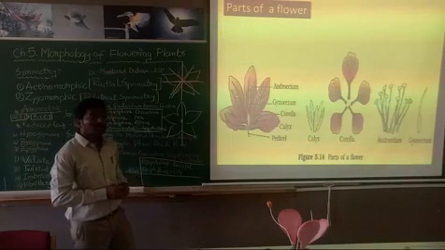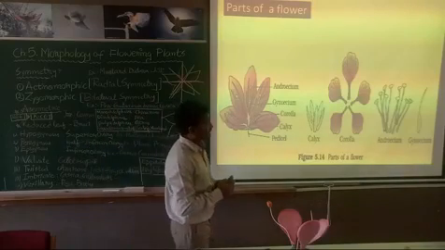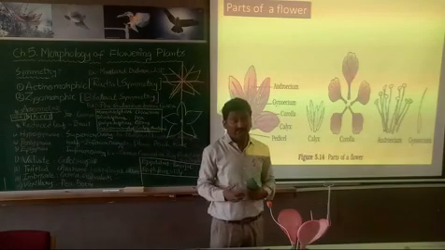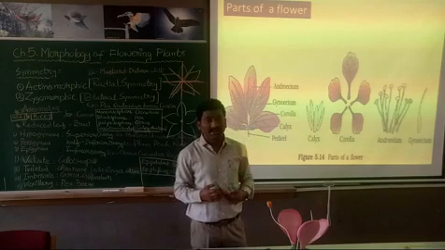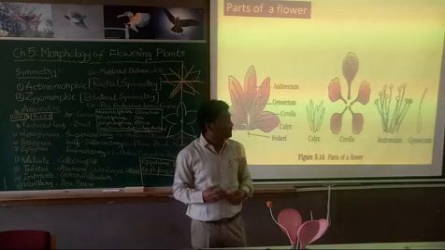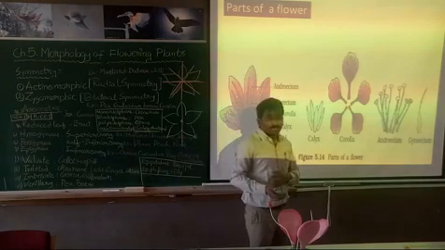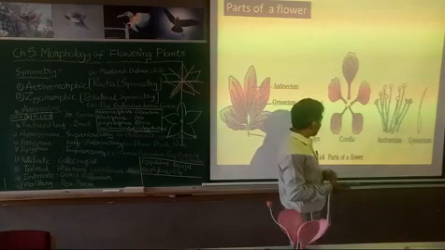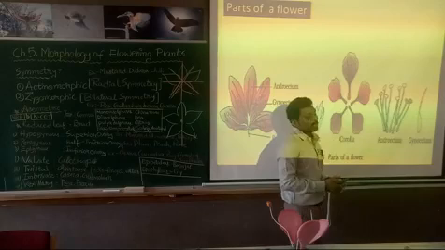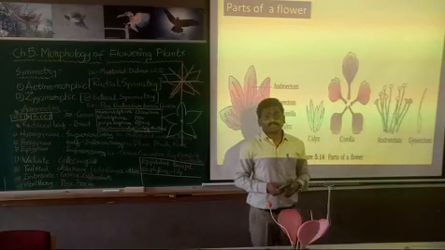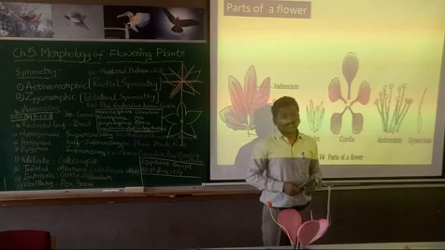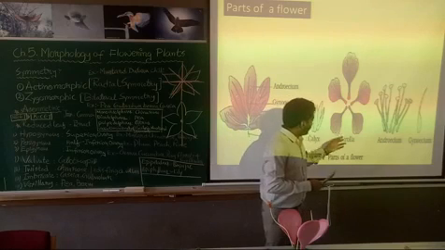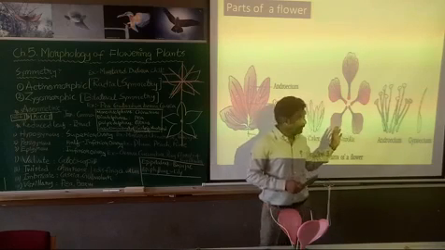It also emits different kinds of fragrances, which is also for attracting insects and other agents for pollination. So who is helping the pollination function? The corolla, by attracting agents: insects, animals, wind, water, etc.